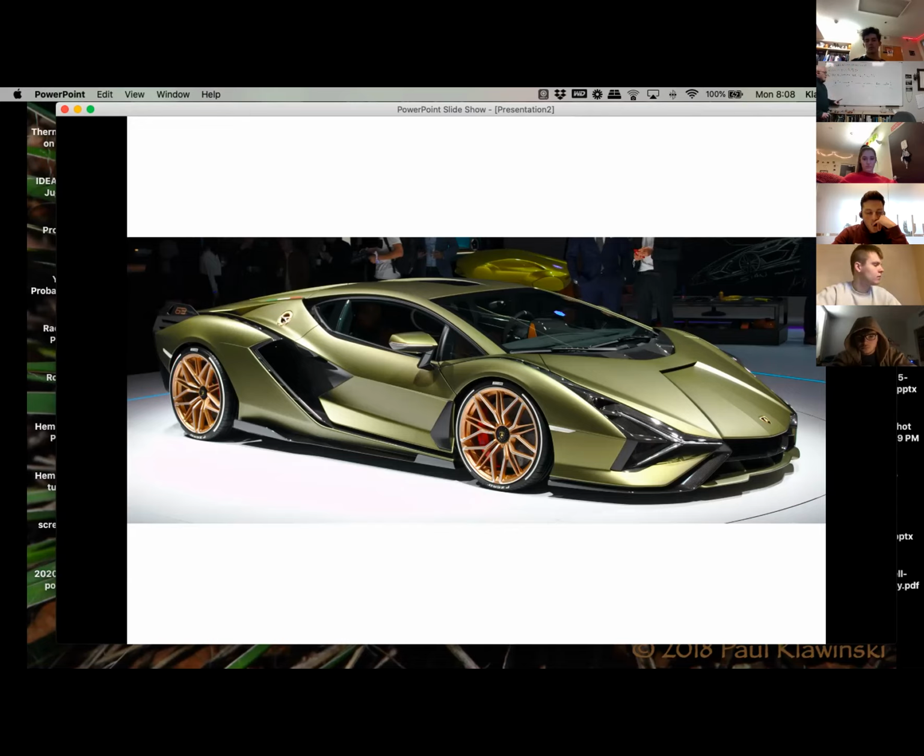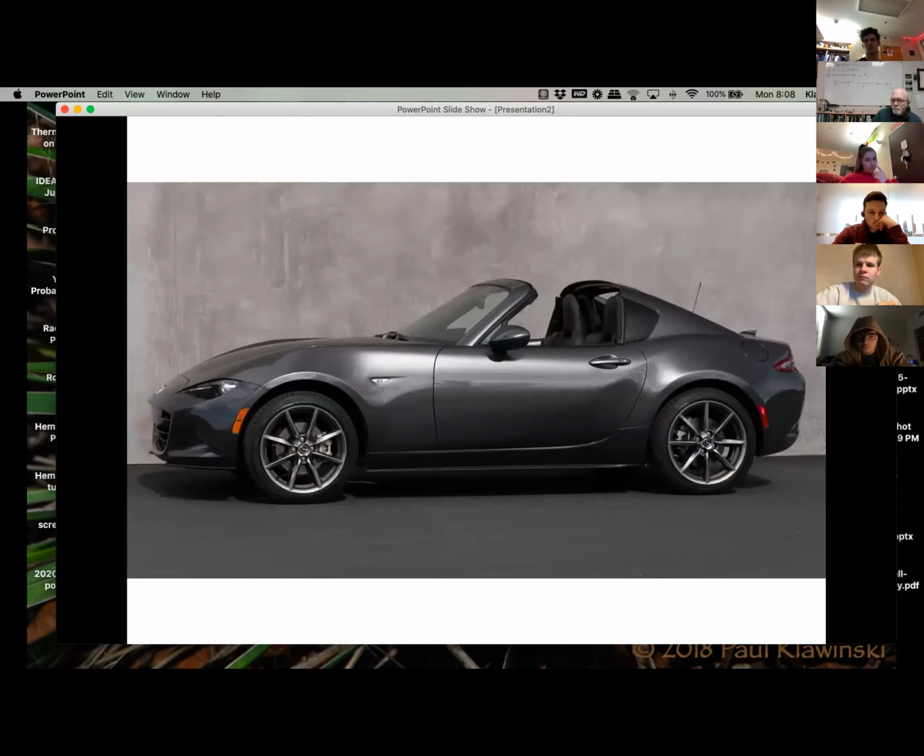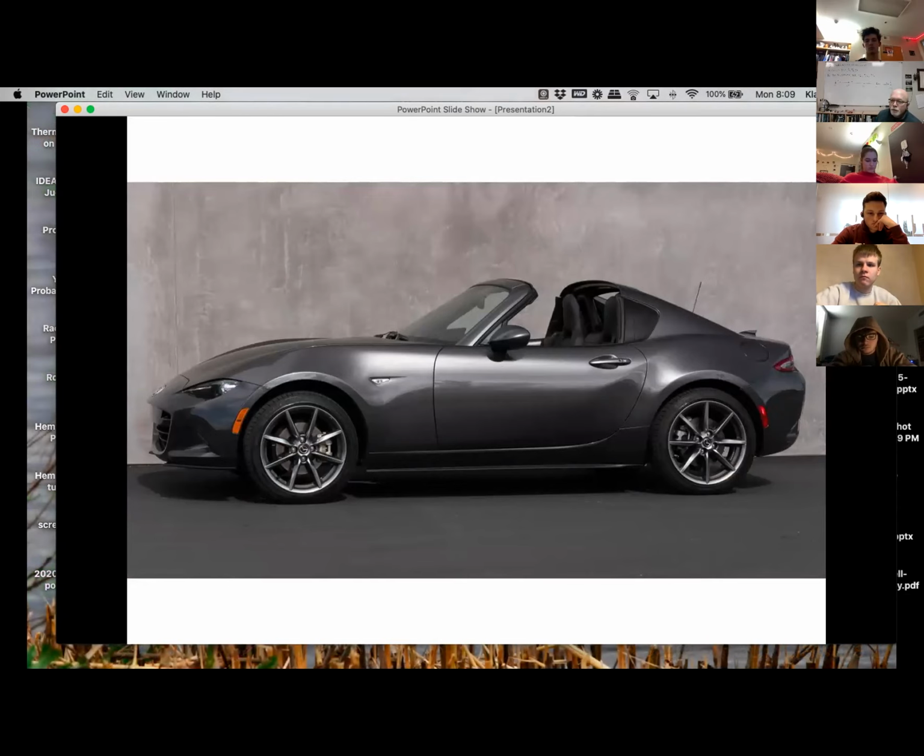But here's one of the things that I want you to notice. The Miata, which is kind of a sportier sort of car, was billed as a sporty coupe.